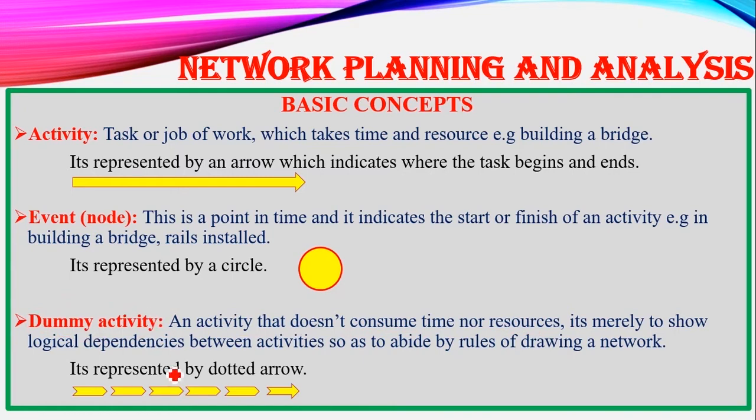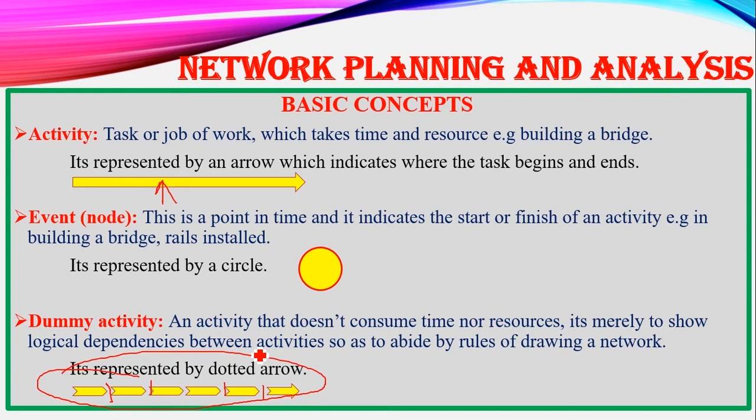A dummy activity is normally represented with a dotted line, or a dotted arrow, not like an activity here which is represented with an arrow. This one is represented with a dotted arrow. That is an arrow that is not continuous.